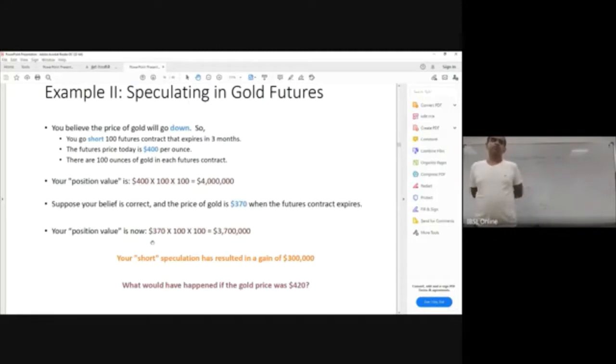The value of your portfolio is $400 an ounce times 100 ounces per contract times 100 contracts. That's 4 million. Suppose your belief is correct and the price of gold falls to 370. When the futures contracts expire, your position value is now 370 times 100 times 100, 3.7 million.